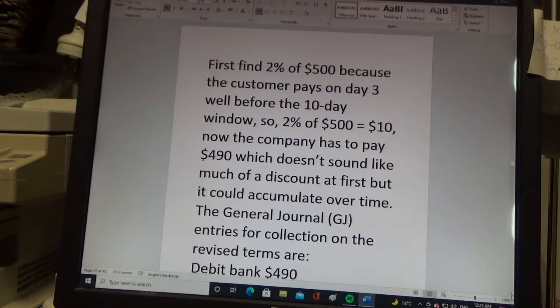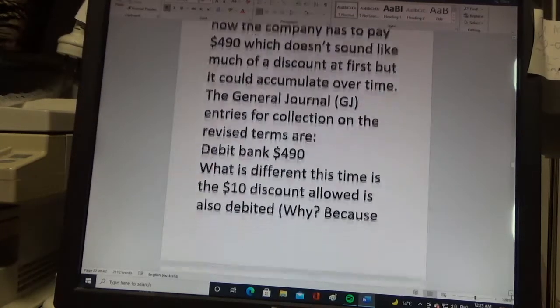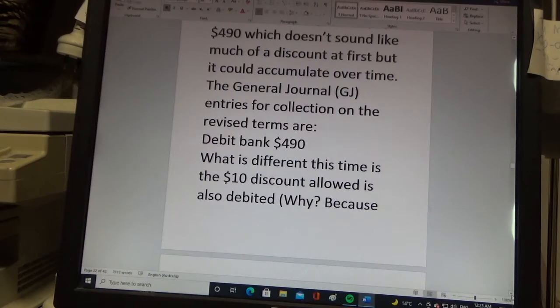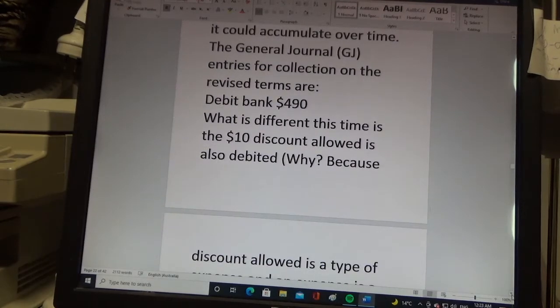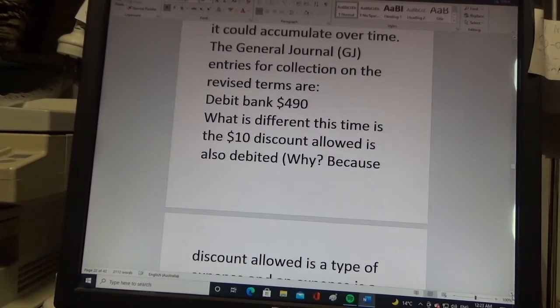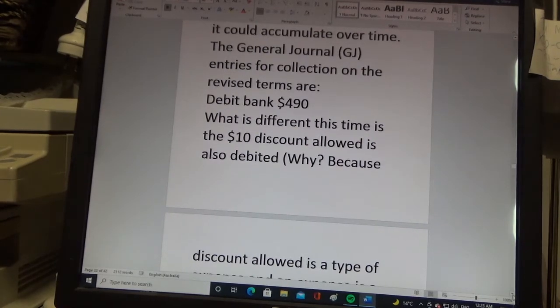add up over time. The general journal entries for collection in the accounts receivable account on the revised terms are: debit bank $490, the amount your customer paid you, and also debit $10 discount allowed. Now, discount allowed is a type of expense, which is consistent because the expense is a debit item.